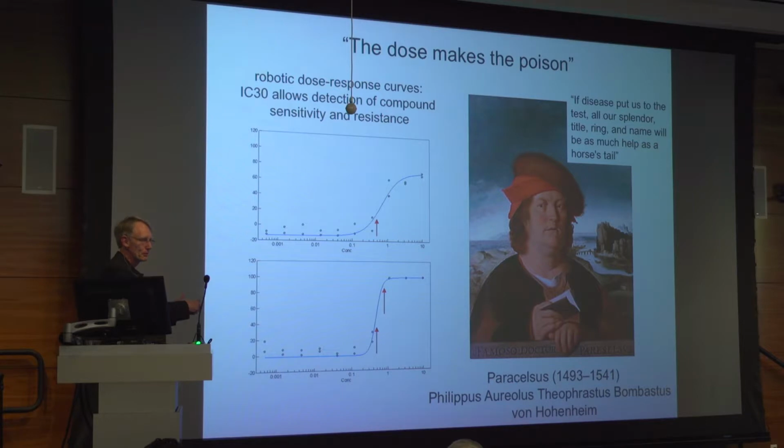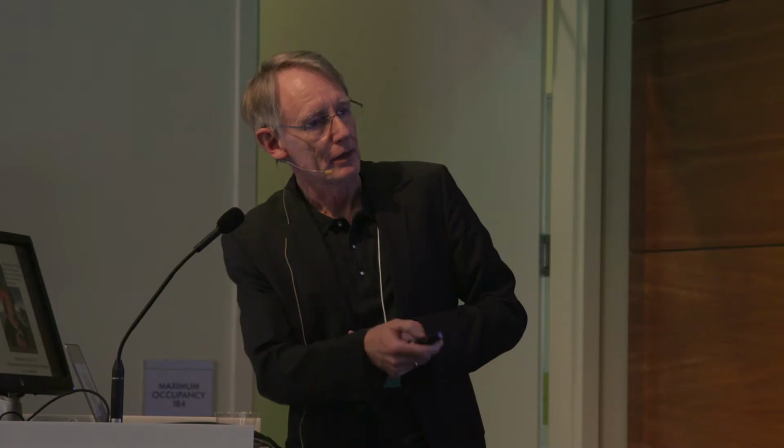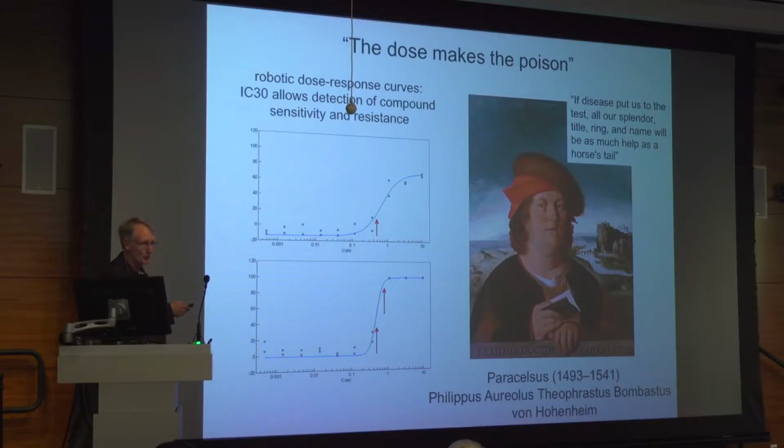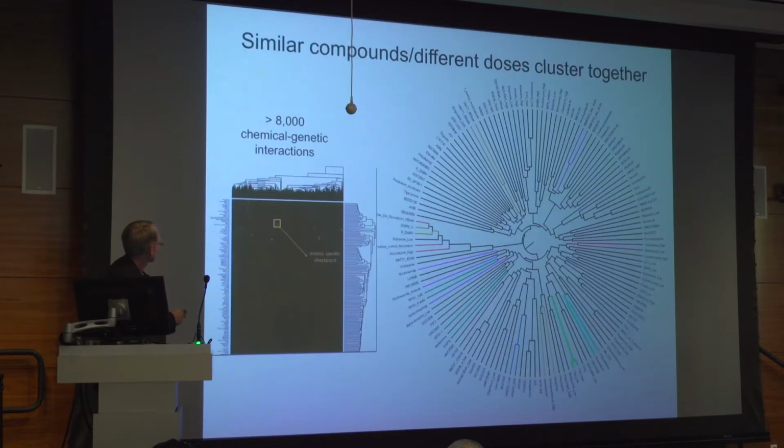We extrapolate that to the 70 mL culture that we need for these screens, and it just doesn't scale very well if the transition is too sharp. So we tend to like slightly flatter curves, and as I said, we do it at the IC50 value. Okay, and this is Paracelsus, the father of toxicology, and that's his quote: "The dose makes the poison." I'll come back to that in a second.